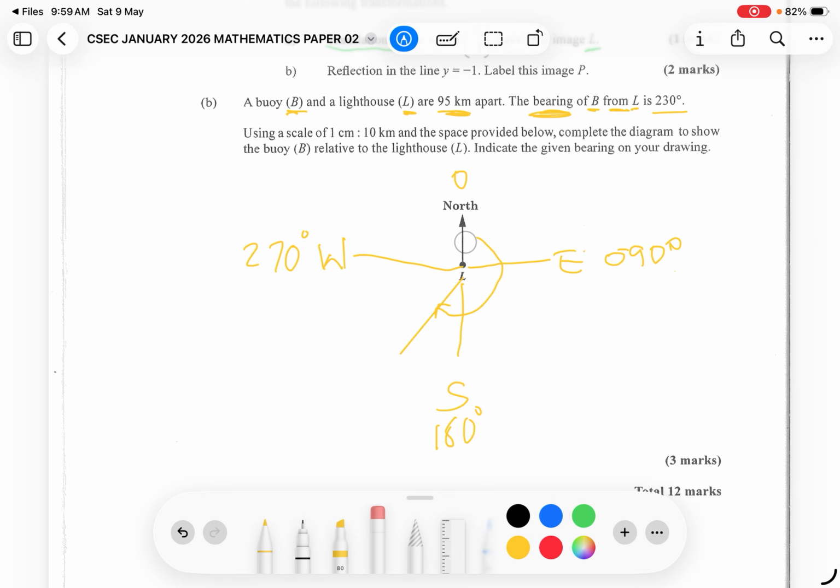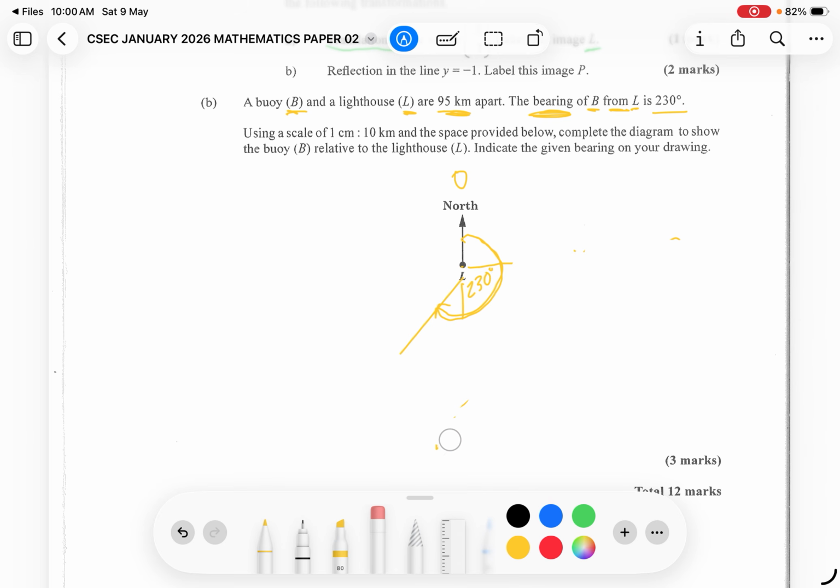I can put my pencil anywhere on the north line and start my turn in a clockwise direction, taking it all the way around to get an angle of 230 degrees. Now that I know where the angle is, I need to know where to put the point B. They said from L to B, it's 95 kilometers apart. They've also said that 1 centimeter on my ruler represents 10 kilometers.